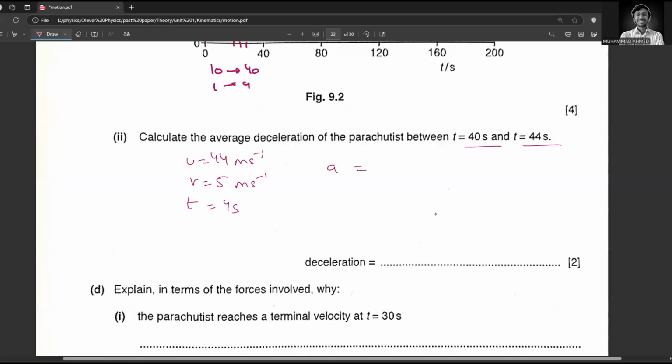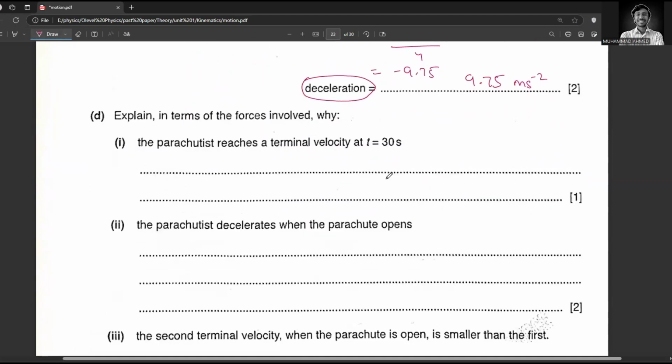Can you calculate the acceleration? v minus u divided by t. v is 5, u is 44, divided by t, 39 divided by 4. This gives you a value of negative 9.75. Since deceleration is already written, it has accounted for your negative sign. 9.75 m s^-2 is your answer.